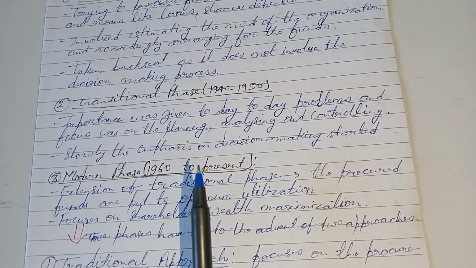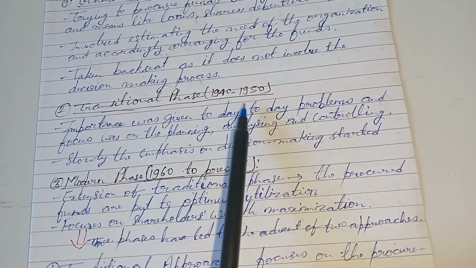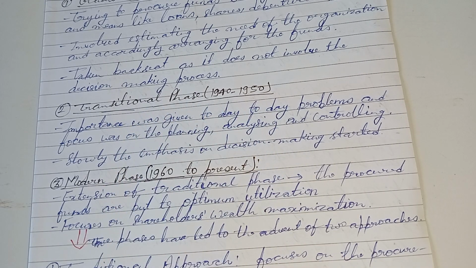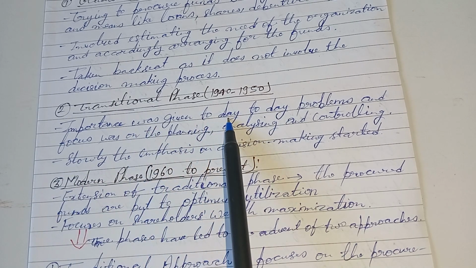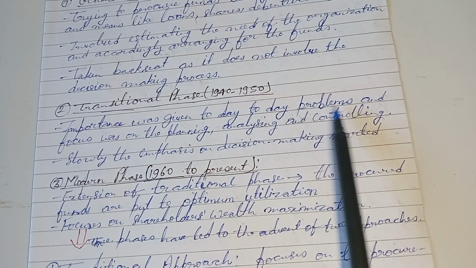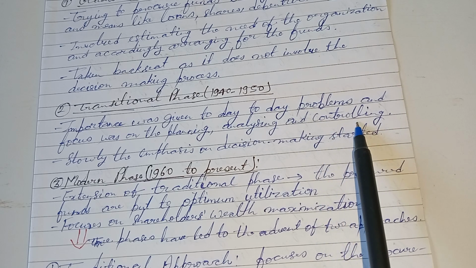Now next we move on to the second phase, the transitional phase. What happens in the transitional phase? Importance was given to day-to-day problems, and the focus was on planning, analyzing, and controlling.